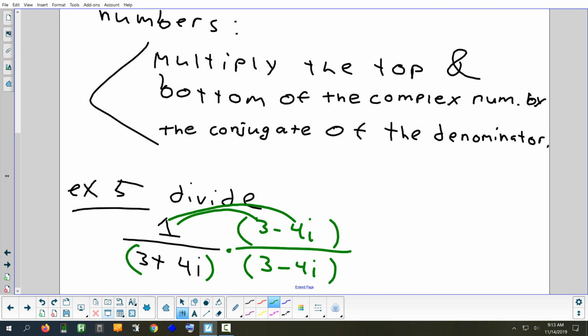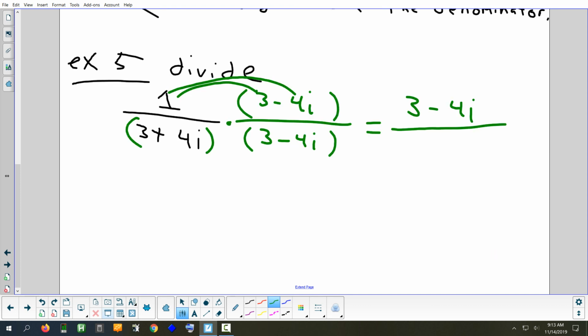So 1 times 3 is 3. 1 times negative 4i is still negative 4i. Right. Now, the bottom, even though it's the more complicated distributive property, you don't really have to do it that way because they're conjugates. So all I have to do is take 2 numbers, square them, add them up.